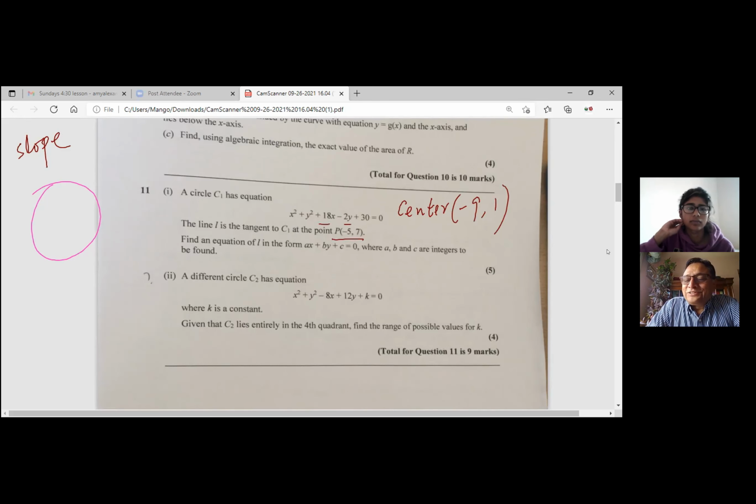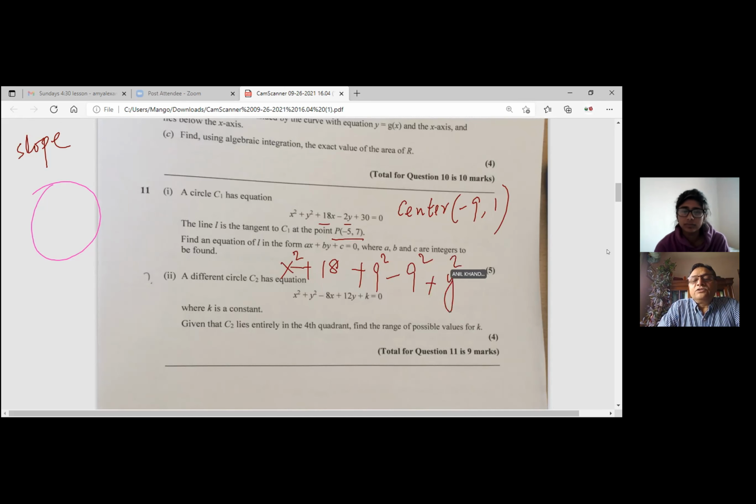For the benefit of the students, let me tell you how they can find the center. Basically, you're going to complete the square. So you write this as x squared plus 18x, right? Half of 18 is 9, so you add 9 squared and subtract 9 squared. And on the other side, we have y squared minus 2y, half of minus 2 is minus 1, so you add 1 and subtract 1, correct?